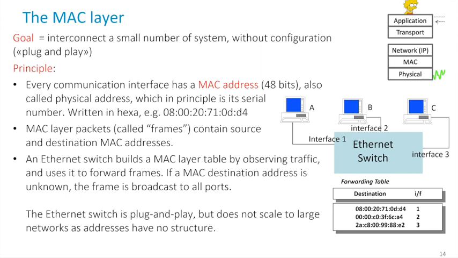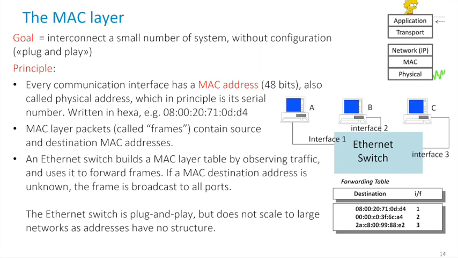The MAC address is also called a physical address because it's really the number that's engraved in the hardware. When you buy a PC that has an Ethernet interface, the interface comes with a number put by the manufacturer when it was built. So every system has an address, which in principle should be unique worldwide.